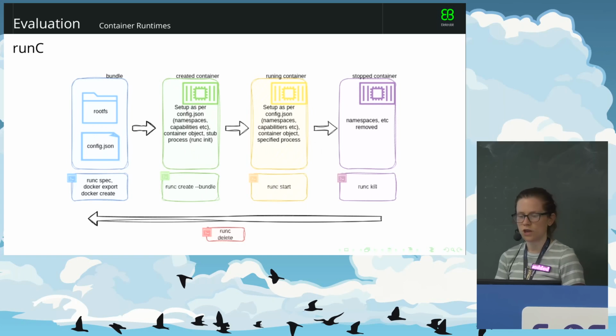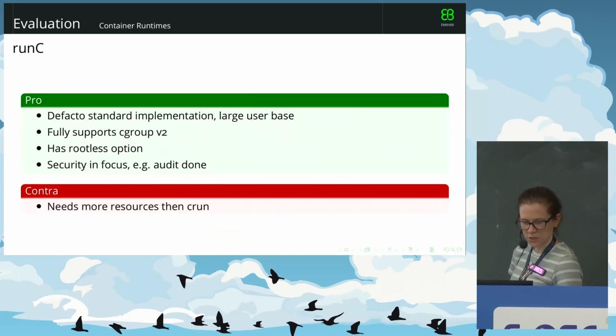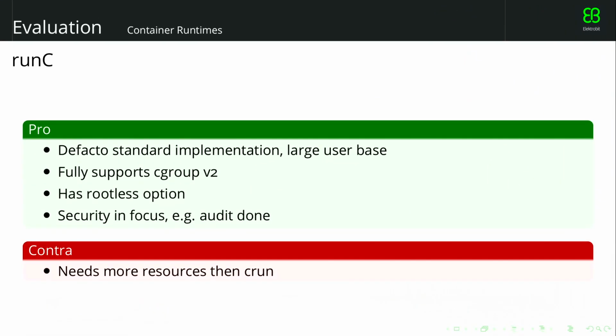You can then do whatever you want, and when you are finished, you can just use runc kill. The namespaces and so on will be removed, and with runc delete, you will remove everything before and are back into your default situation. So what is good about runc?